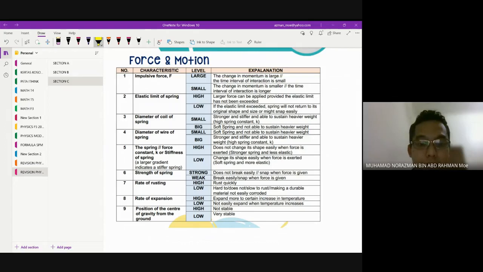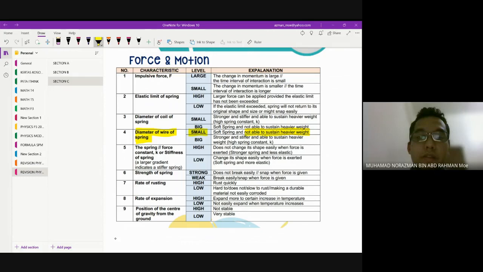Okay, example. Let's see. So diameter of wire. If the question asks you to choose which diameter to use, okay, diameter of wire to use. So if you choose small, then the explanation should be: does not able to sustain heavier weight.